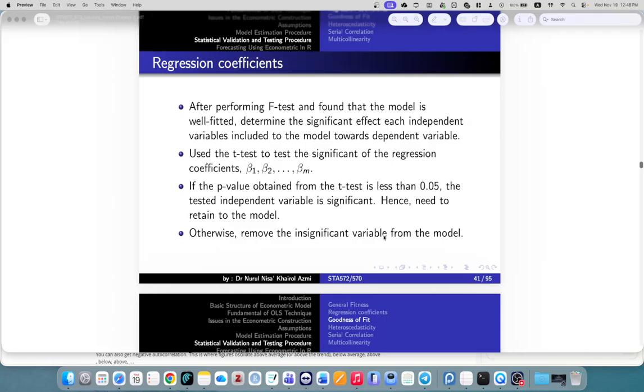So you have to perform the F test again. Suppose that you drop one variable, you have to model the variables without that particular variable. I will demonstrate it using R later. This is just for explaining the concept behind the statistical validation and testing procedure.